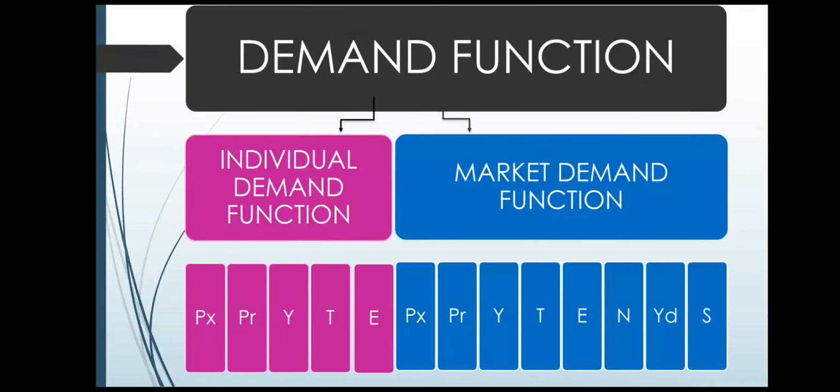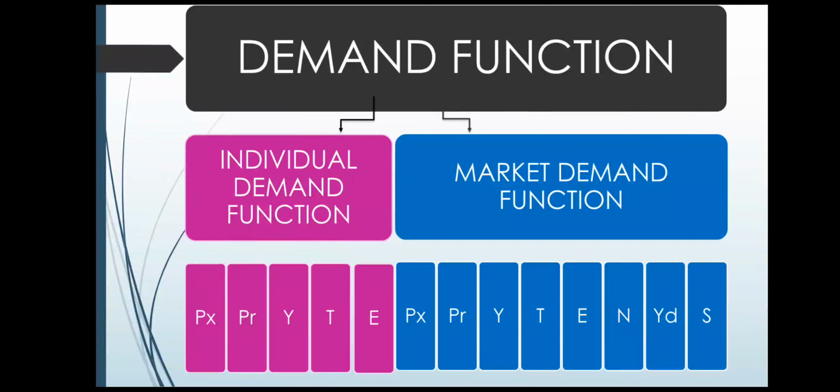So today we have studied about demand function. There are two types of demand function: individual demand function and market demand function. Individual demand function has got 5 determinants, that is own price of the commodity, price of related goods, income of the consumer, taste and preferences, and expectations.